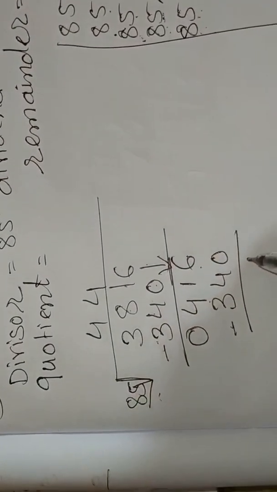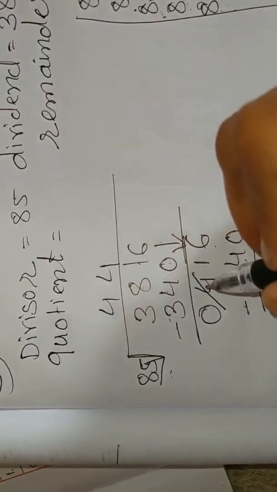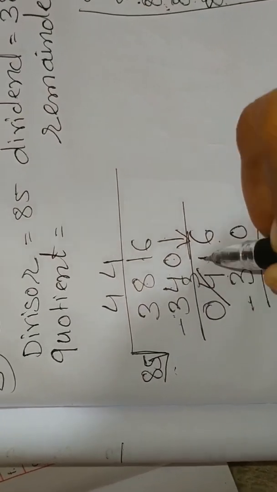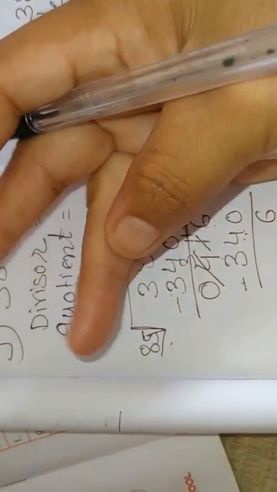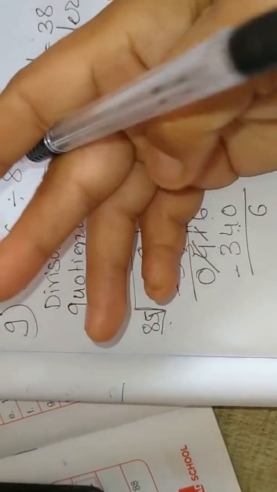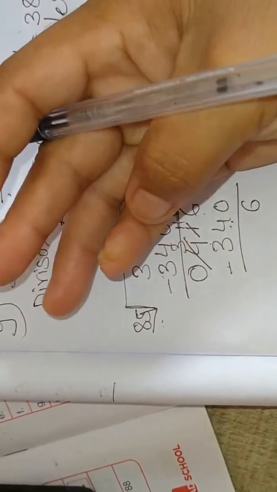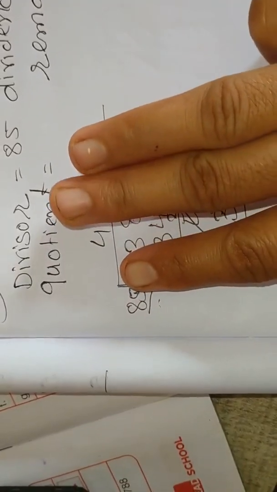6 minus 0 is 6. 1 minus 4 is not possible. Cut 4, write 3 there. Cut 1, write 11 here. 11 minus 4: 11 in your mind, 11 on your fingers, cut 4, remaining number is 7. We write 7 here. 3 minus 3 is 0.